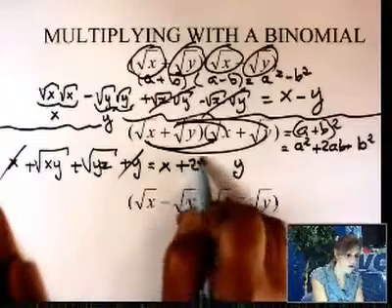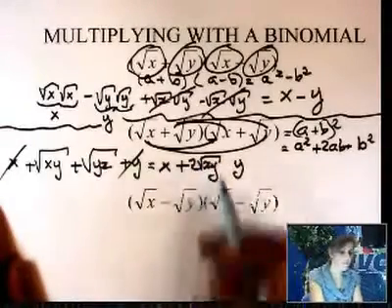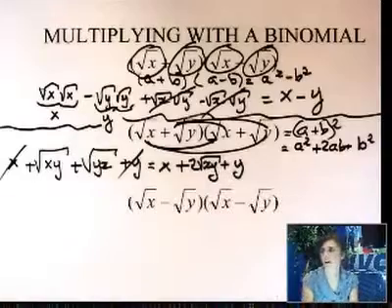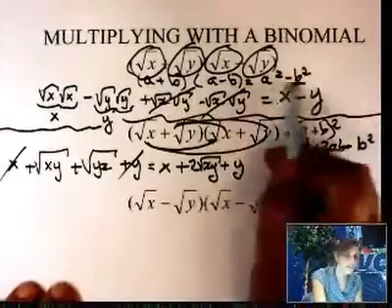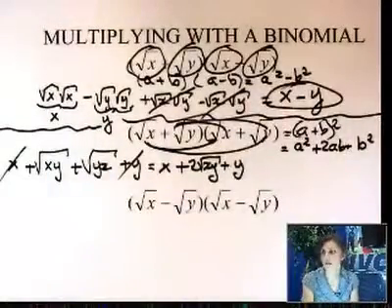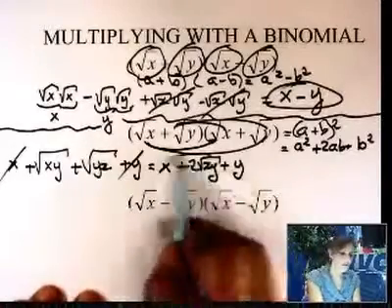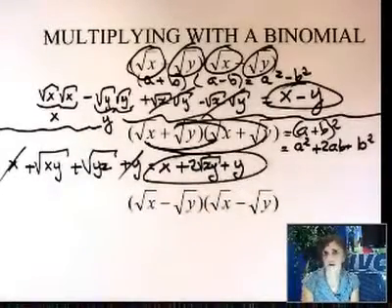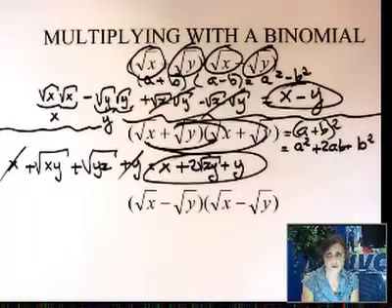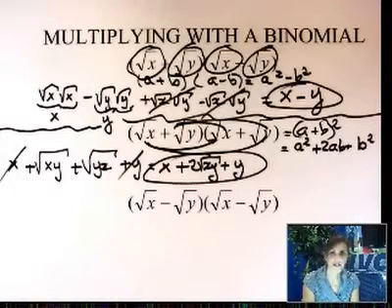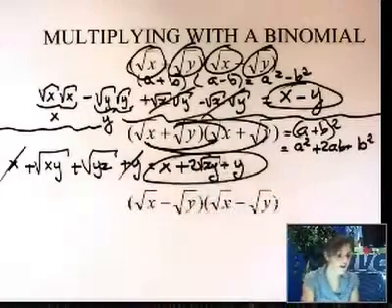Actually, that does work. All right? So look what the first one ended up, a squared minus b squared. Look what this one ended up, x squared plus 2xy plus y. Okay, and then xy is in radical.